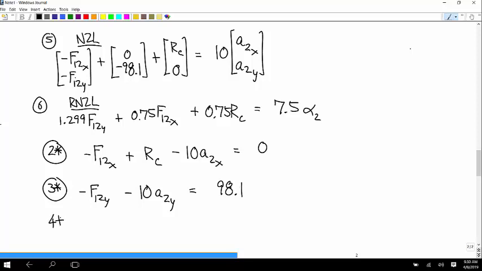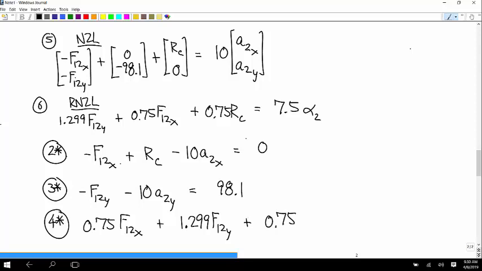And equation 4 star says 0.75 F12X plus 1.299 F12Y plus 0.75 RC minus 7.5 alpha 2 is equal to 0.